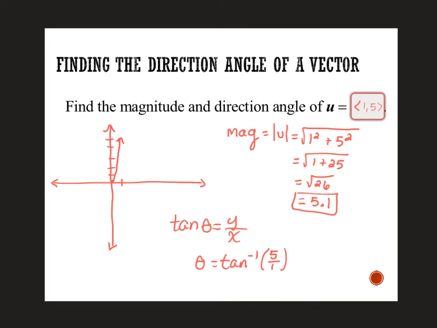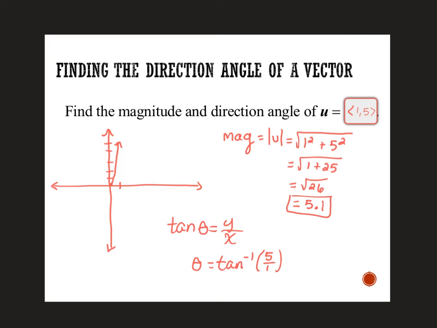We'll use our calculator here, and I would encourage you to do this in degree mode. Rounding to the nearest whole number degree, I'll get 79 degrees. So we can not only describe how long the vector is, this vector has a length of 5.1 units, it also makes an angle of 79 degrees with the positive x-axis.